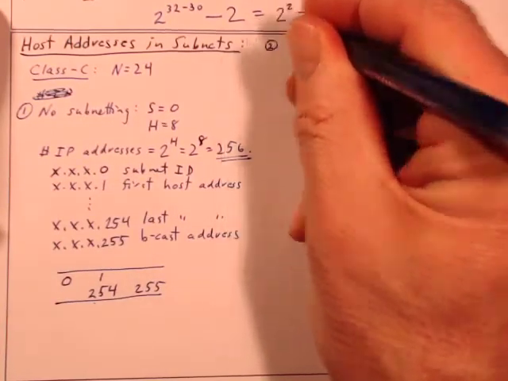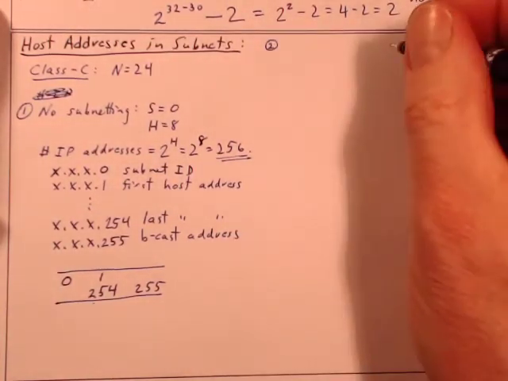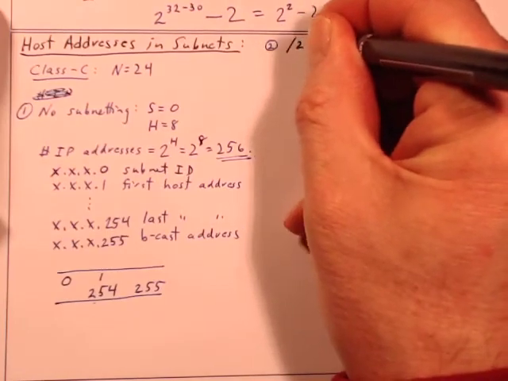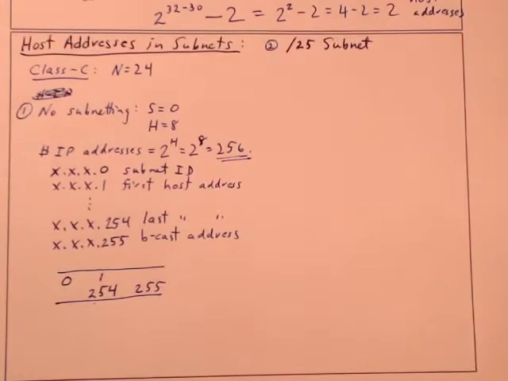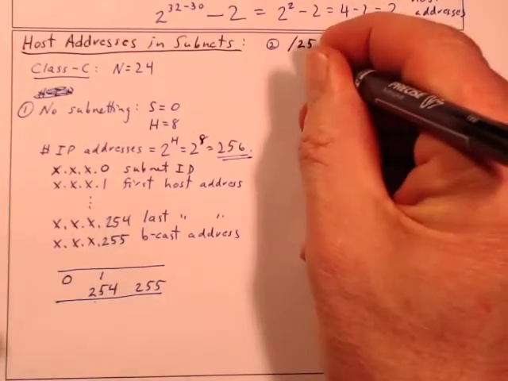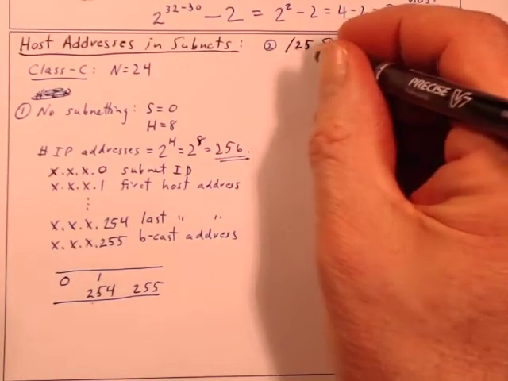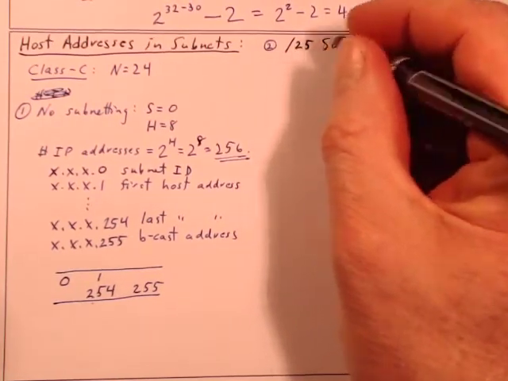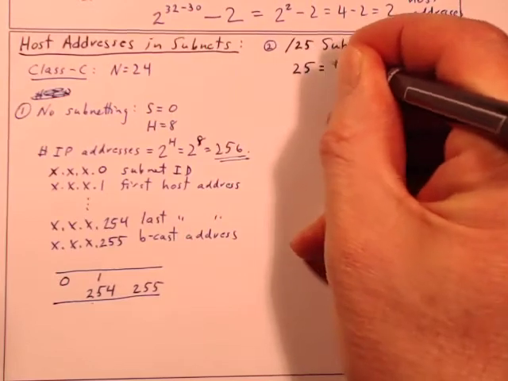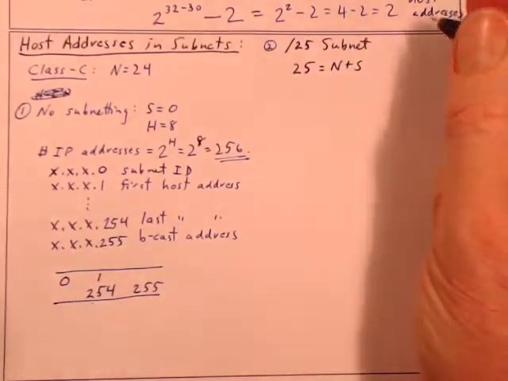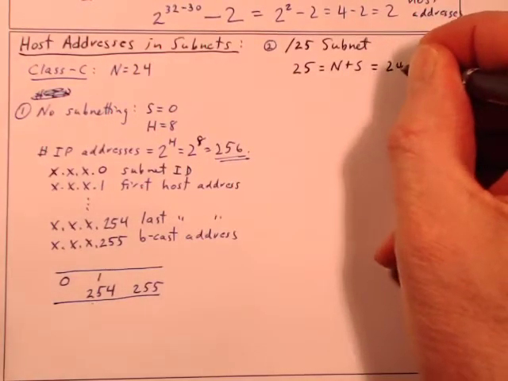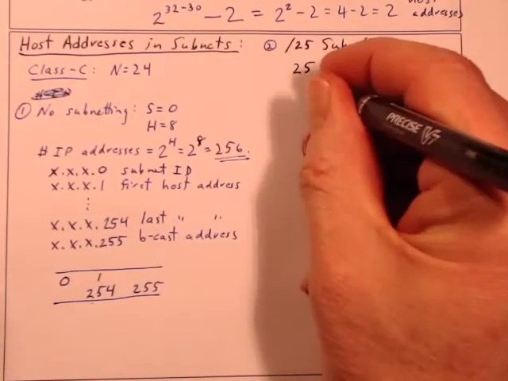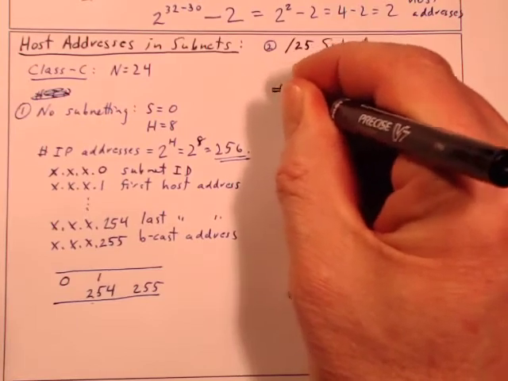In case 2, I'm going to say that we're going to use a /25 subnet. In a /25 subnet, the 25 is equal to n plus s, where n is 24 in my Class C, and therefore s is equal to 1.